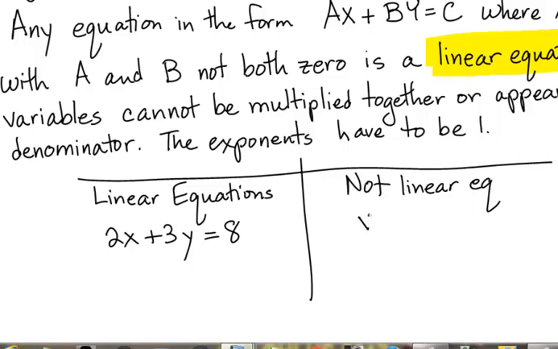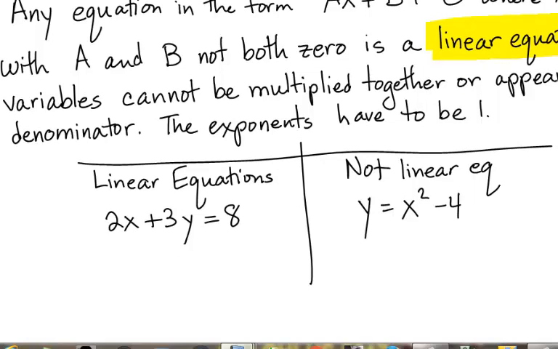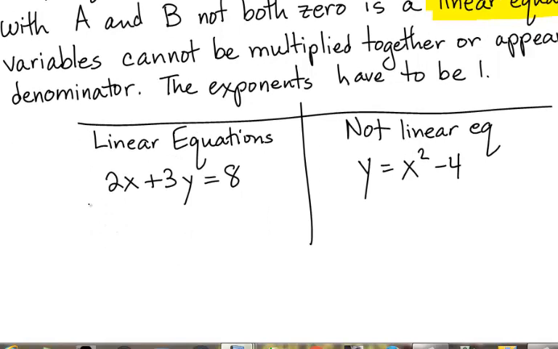This is an example of one that is not linear, and down the road we will get into graphing those. What throws that one off? Yeah, the x squared. The exponents have to be 1. So if you get anything that's not an x to the first and a y to the first, it's not going to graph a line. Just say not linear.